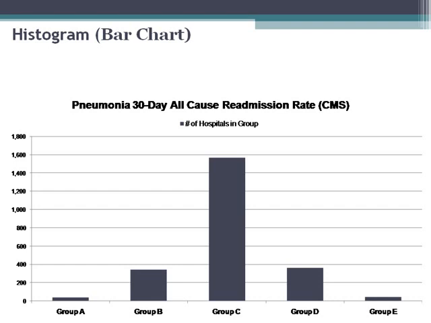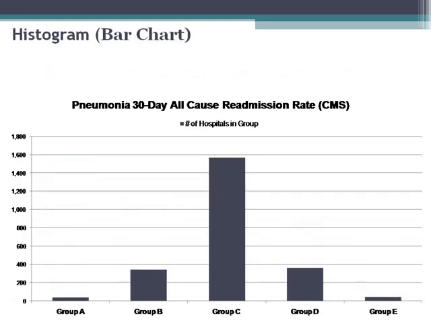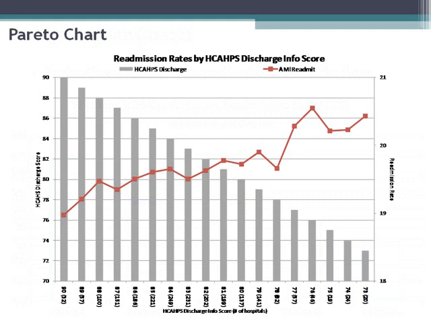Now, here's the interesting part, and I don't know if anyone has guesses or people want to maybe try to flash up on the screen. So again, let's go back to this slide. Here are 5 hospital groups, A, B, C, D, and E. Each group has a different number of hospitals in it that I put into these groups based on how these hospitals did in their HCAHPS discharge information survey results.